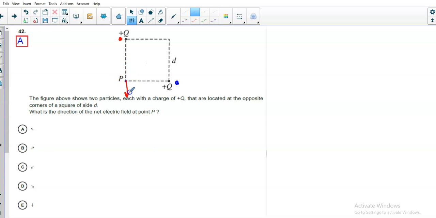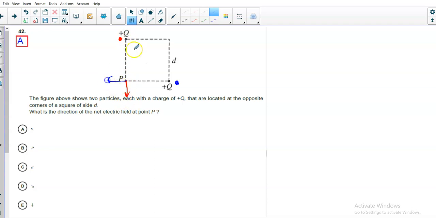The field by Q on the right, the blue one, is going to be the same size because it's the same distance away, but to the left, and the reason why is because the field points in the direction that a positive test charge would go. So if you brought a little positive charge and put it at P, it would be pushed to the left by the blue and be repelled downward by the red charge.